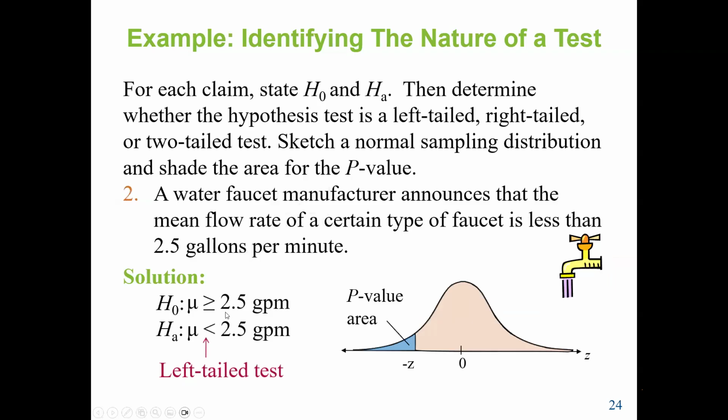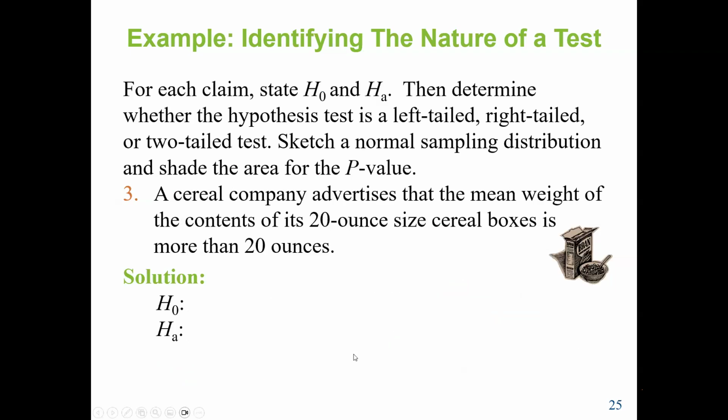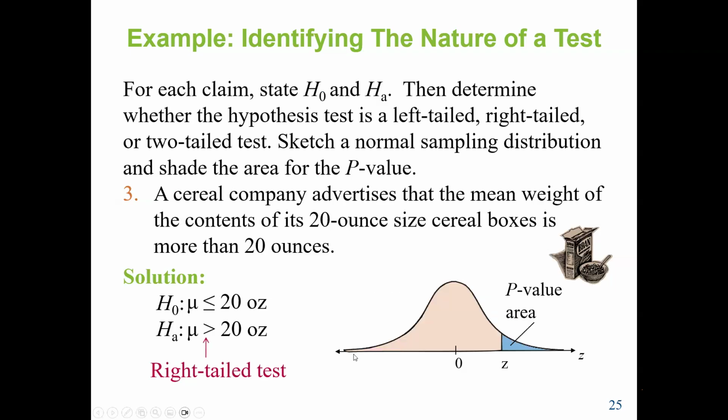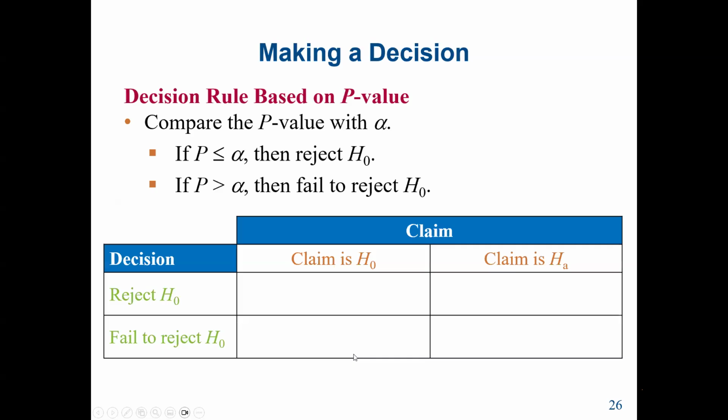Greater than or equal, so the brown area, fail to reject H0. Less than, so the blue area is where we reject H0. So that's the decision here also.